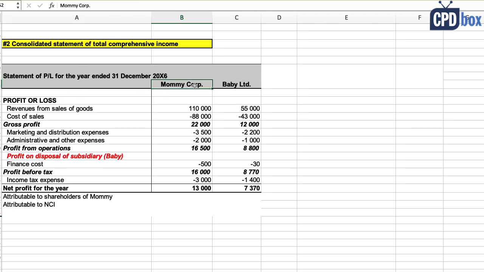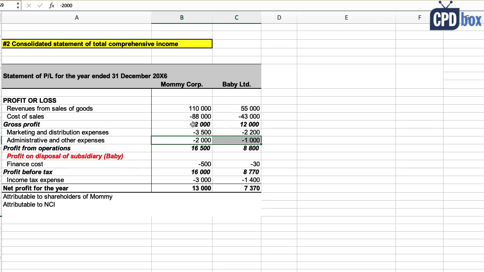So Mommy held a subsidiary during the full year of 2006, and therefore, yes, you do need to aggregate all parents and subsidiaries' revenue and expenses and eliminate intragroup transactions.